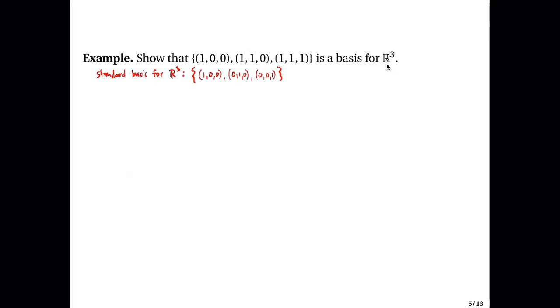So what do we need to show? Again, two things we need to show. Let me label this set as S. Two things that we need to show. The span of S must be equal to R3.